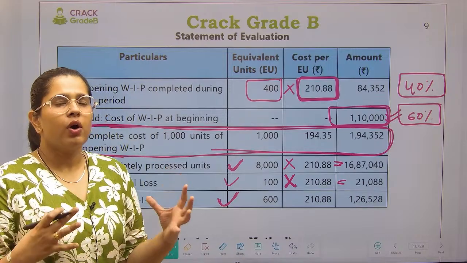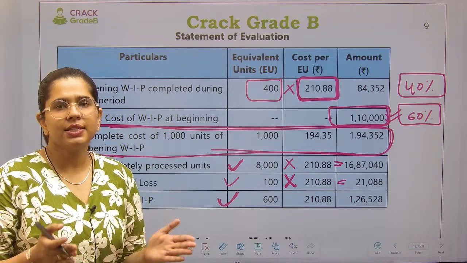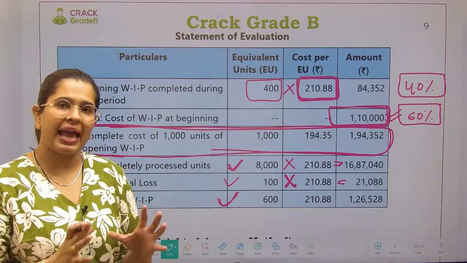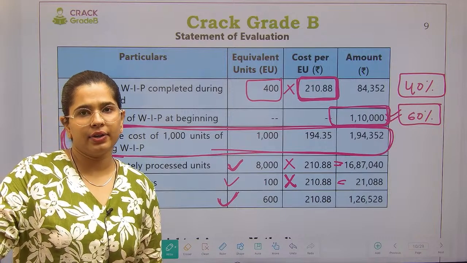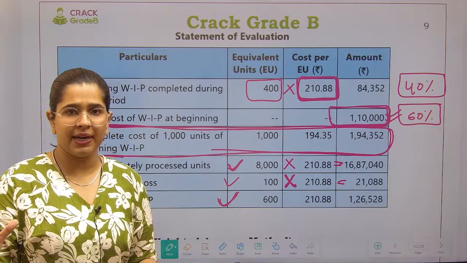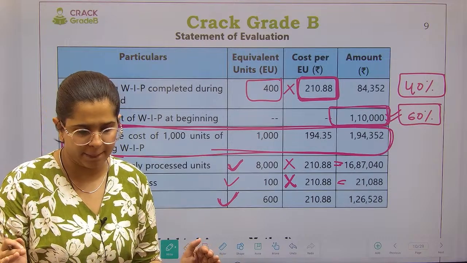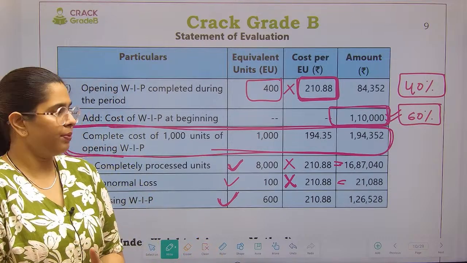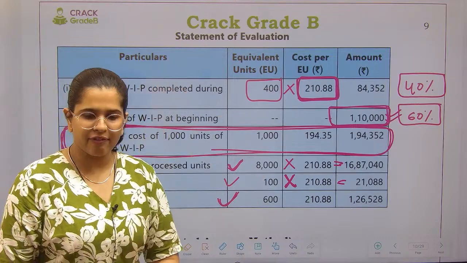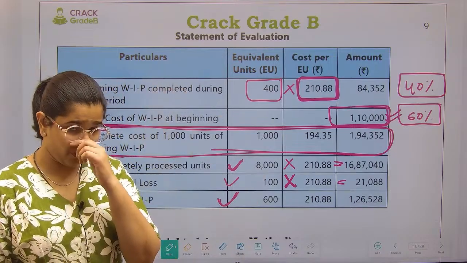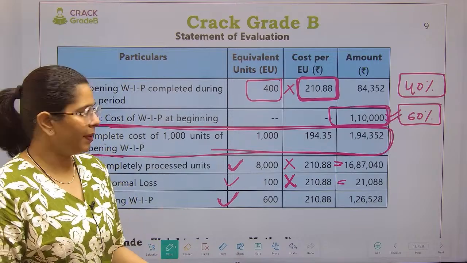Actually you are working on 800 units but they are just 75% complete. So can I assume that 800 units which are 75% complete will be equal to 600 units which are 100% complete, right? So this is what equivalent production means and this is how we have found out the valuation in case of FIFO method. ठीक है, ये आपका FIFO मेथड हो गया.